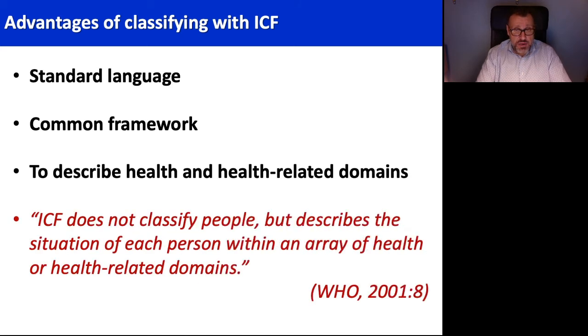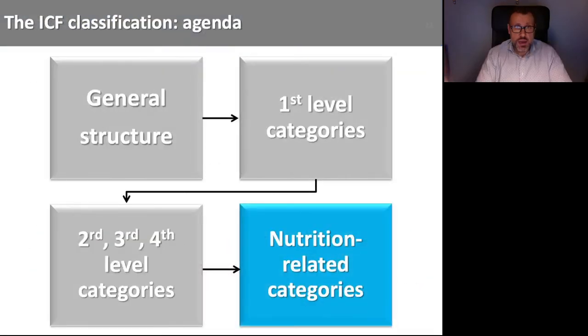We must remember that, according to the World Health Organization, the ICF does not classify people, but simply describes the situation of each person within an array of health or health-related domains. Now we can try to apply everything we have seen and learned so far to specific nutrition-related categories.